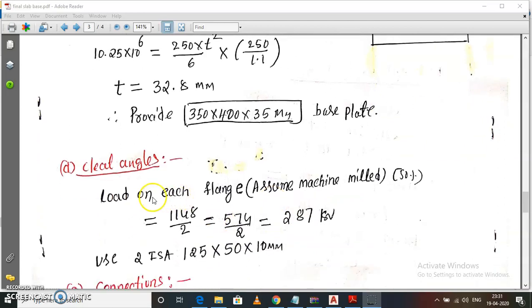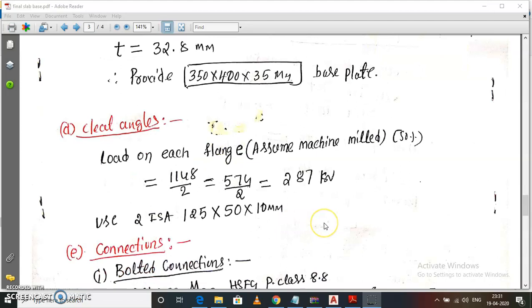Now the cleat angle. To decide the cleat angle, let us take the load on each flange. Assuming machine milled, that means we have to consider only 50% of the load. Therefore 1148 divided by 2 means 574 kilonewton, which will again be distributed to two flanges. Therefore on each flange the load is 287 kilonewton.